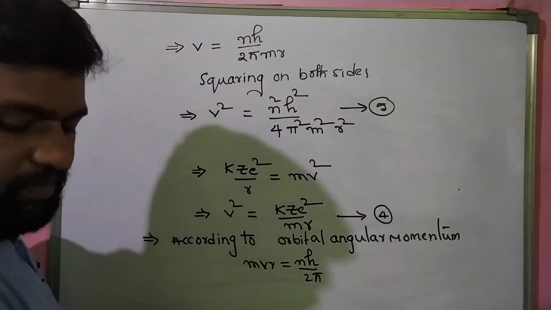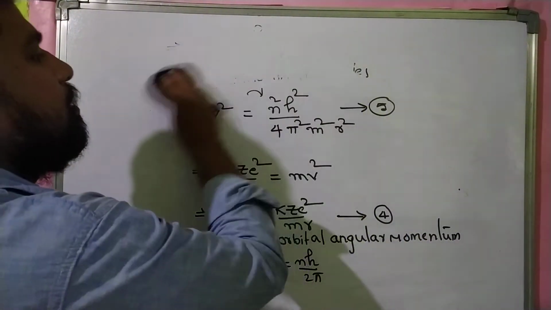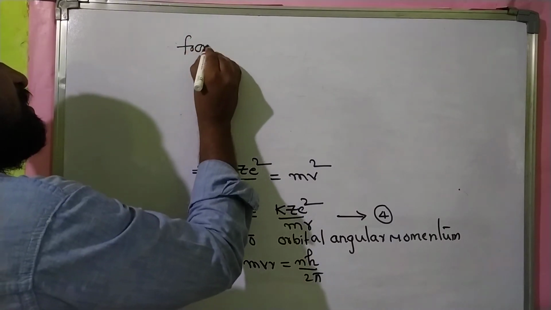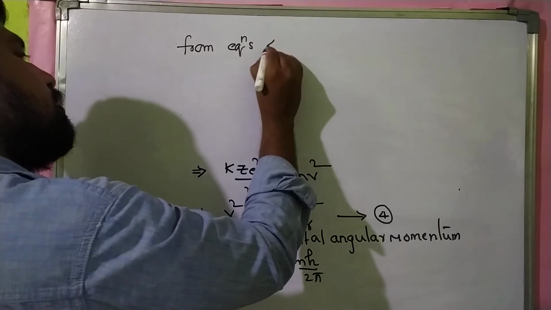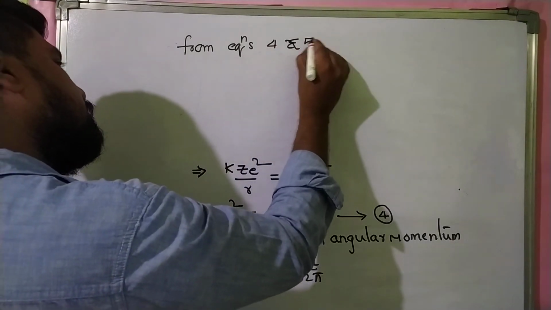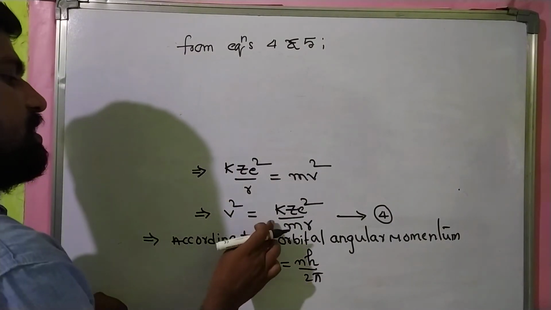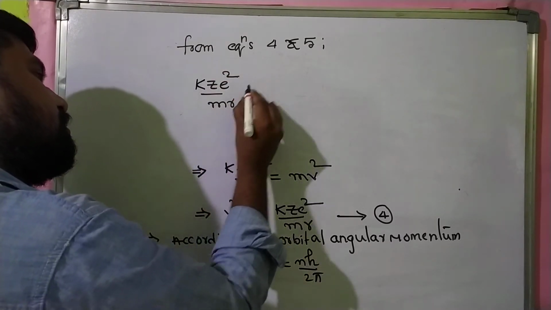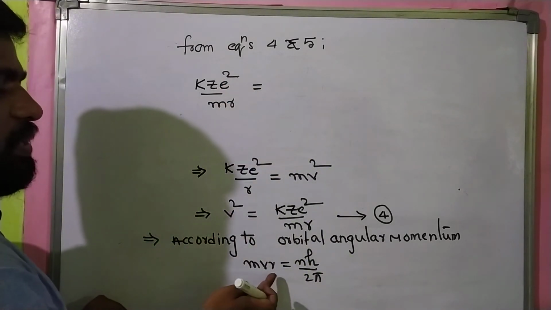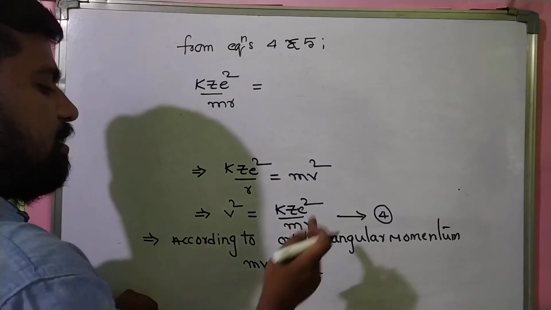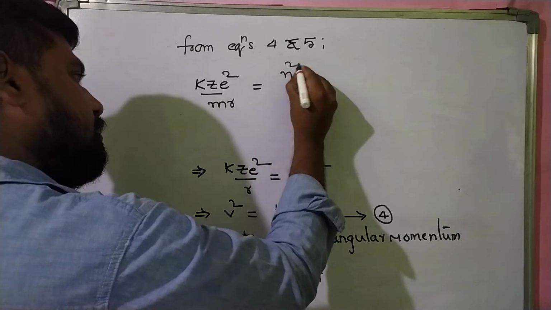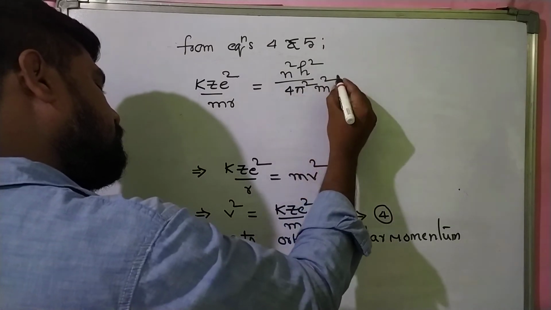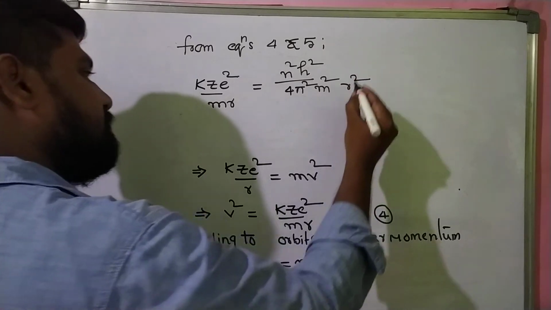So from equations 4 and 5 we get K into Z e square by m r equal to n square into h square by 4 pi square m square r square.